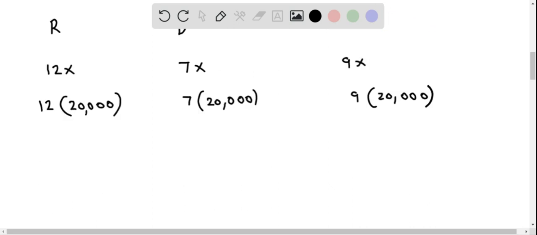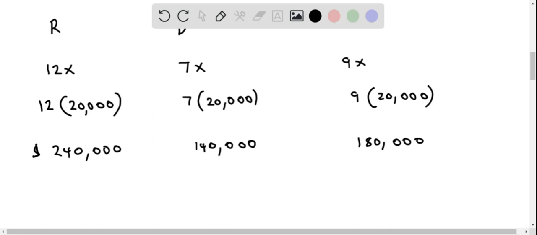So let's calculate this. 12 times 20,000 is 240,000, 7 times 20,000 is 140,000, and 9 times 20,000 is 180,000.